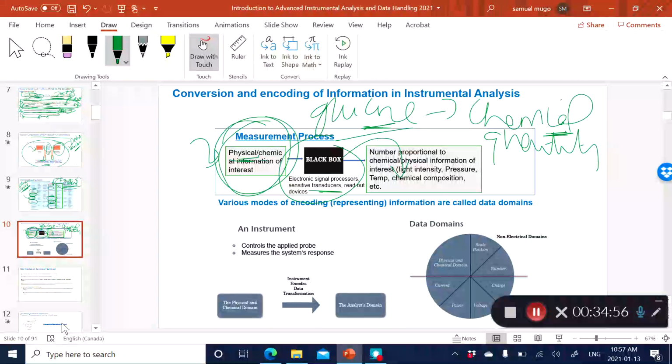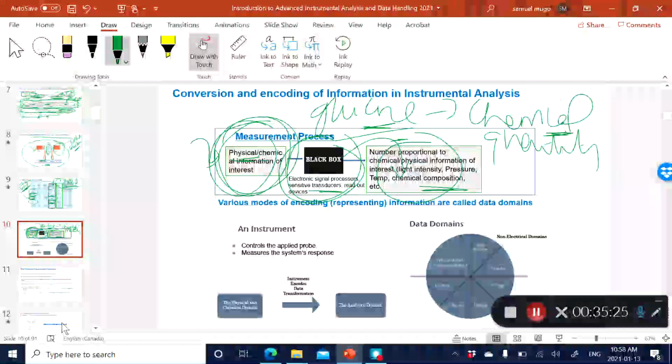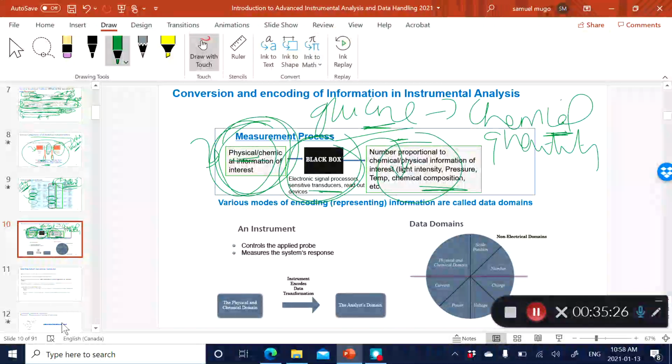I do not care about the electronics; really what I care about is the amount of glucose present in blood. So you can see there are multiple domains at play when you're doing instrumental methods. I'm interested in a physical quantity. The instrument can only handle electronic language, but in the end, what I'm really interested in is a chemical or a physical quantity again.